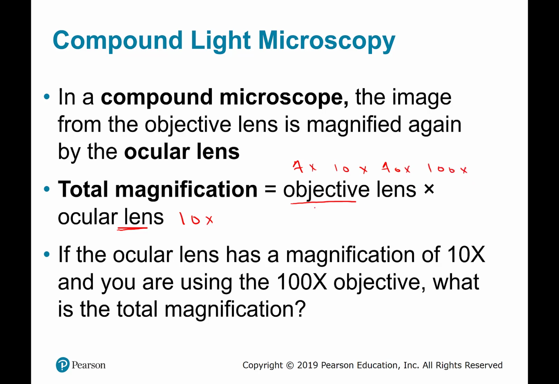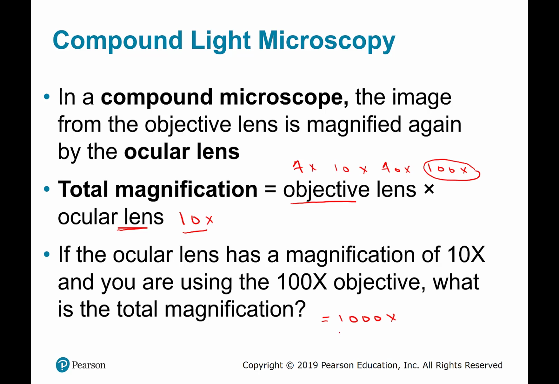And so depending on which objective lens you are using, you can calculate the total magnification. So if you're using the 100x objective lens, you're going to multiply 100x by 10x, and that would be equal to 1,000 times, or 1,000x.